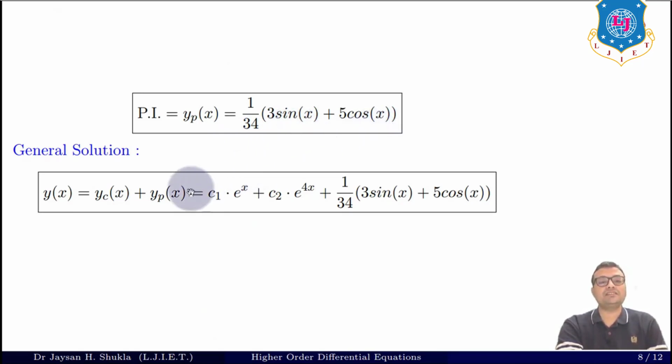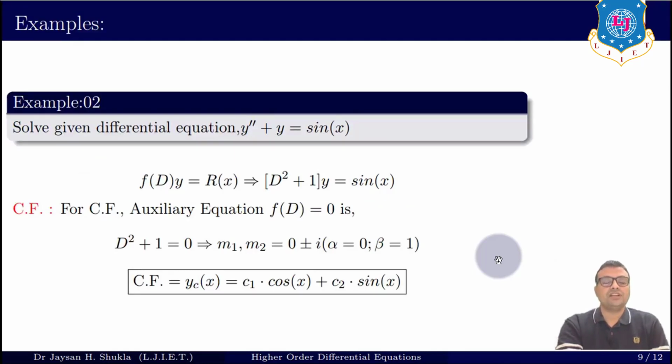Finally, by combining this yc and yp, my general solution would be c1 e raised to x plus c2 e raised to 4x plus 1 by 34, 3 sin x plus 5 cos x. This is how you can find the general solution in case of particular integral where it is depending on sine and cos. Let us go through second example.